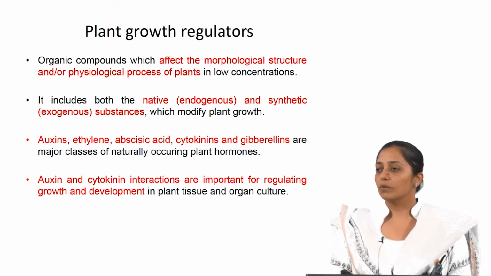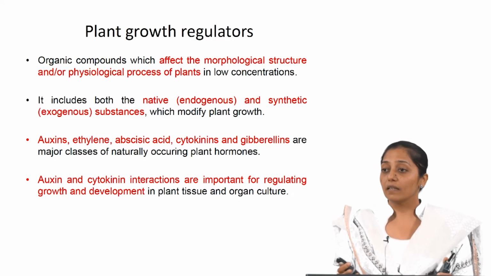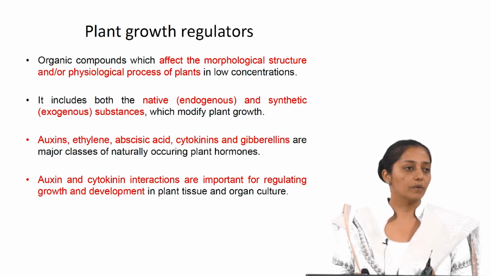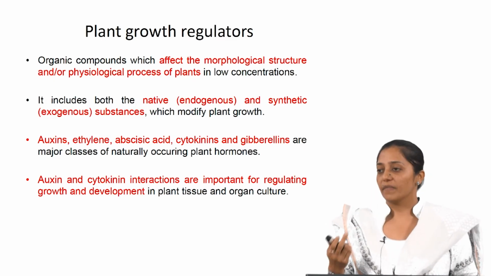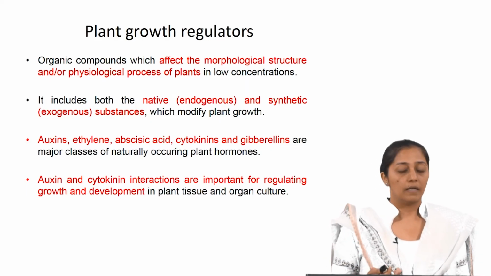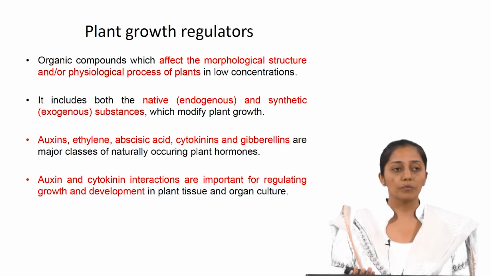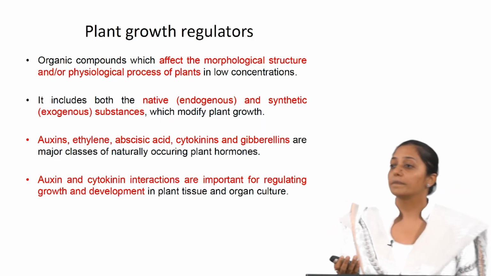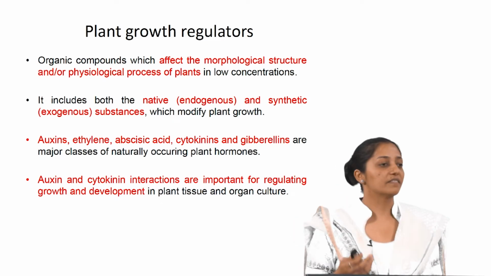Some of these signaling molecules are also termed plant growth regulators. Now, which one of the hormones is a volatile agent and forms a part of plant signaling? Ethylene, very nice.